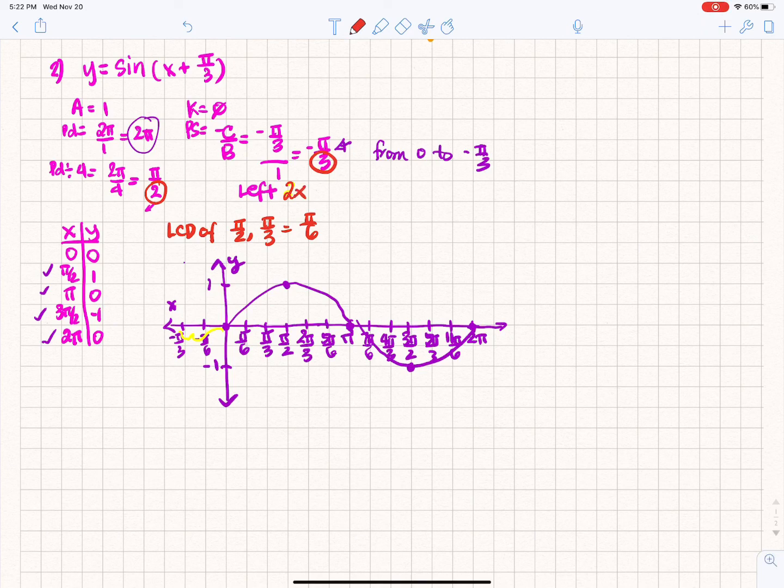So for every point, we're going to go left 2, left 2, 2, 2. And draw your sine graph. And that is number 2.